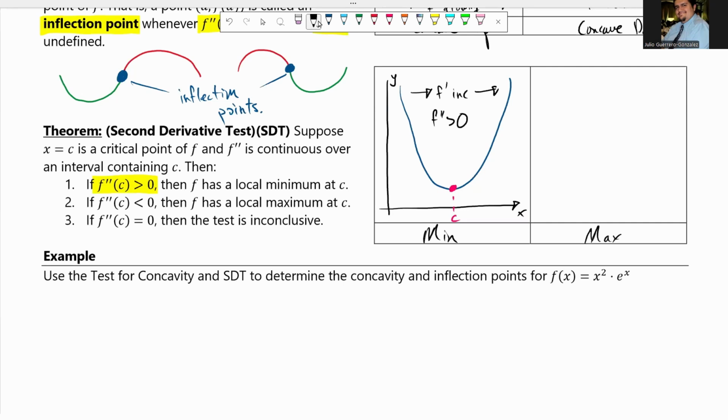If that happens, we know that we have a local minimum there. Next one. If your double prime is less than 0, same idea of a picture, x and y, but in this case we have max.